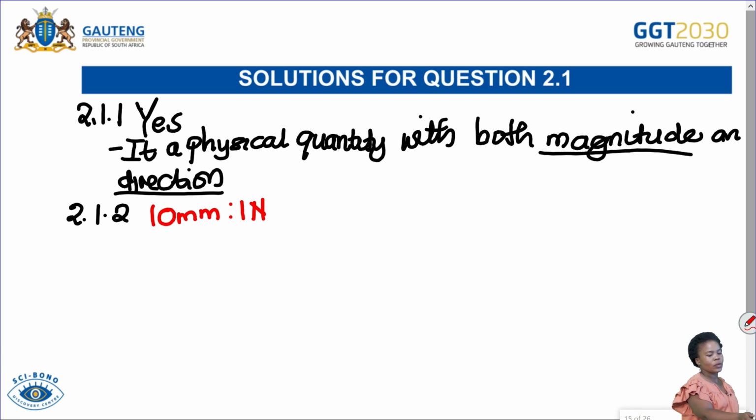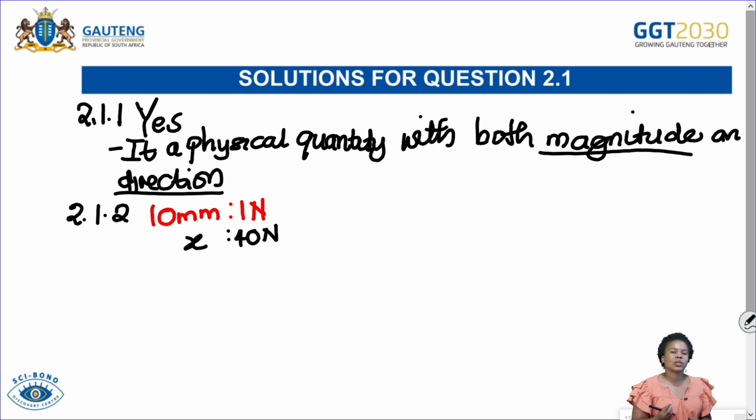How much should we have? We have 40 Newton, and we want to know in millimeters how much we should draw on a piece of paper. I'm putting it like this because this is what I want to know: the length that I should put in millimeters. And I'm putting 40 newtons here so that the same units are on one side.